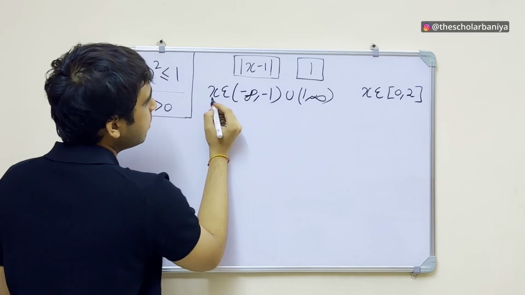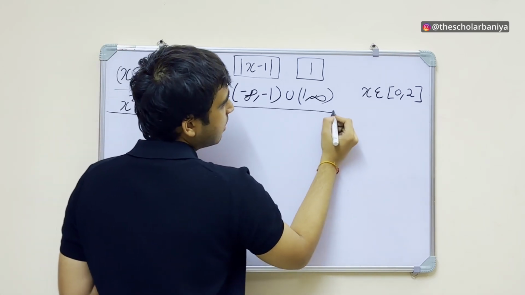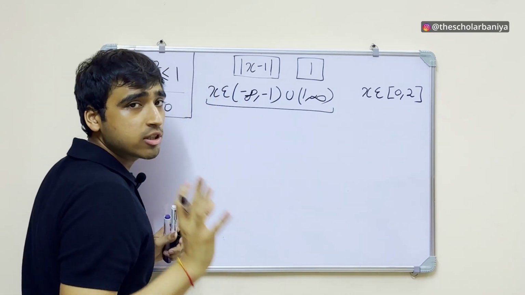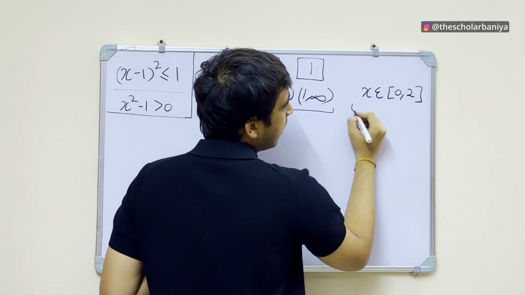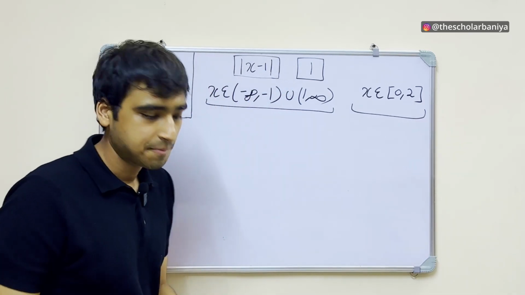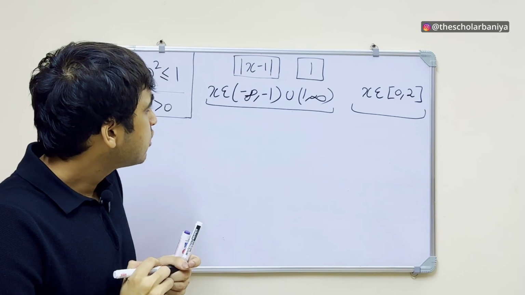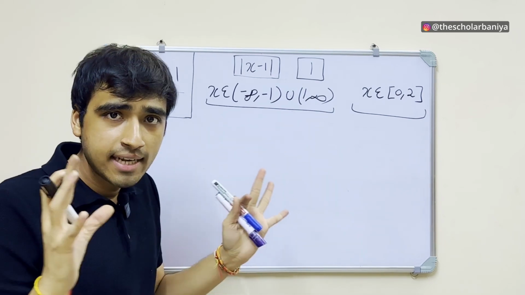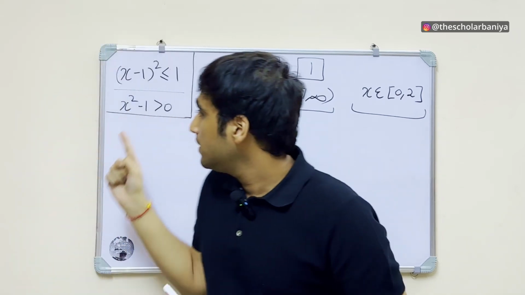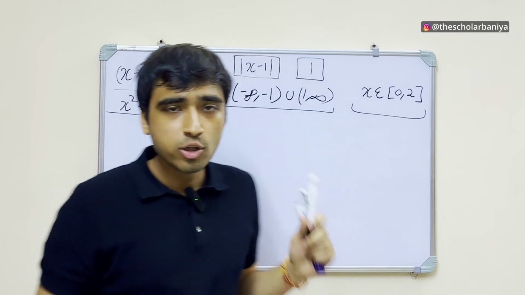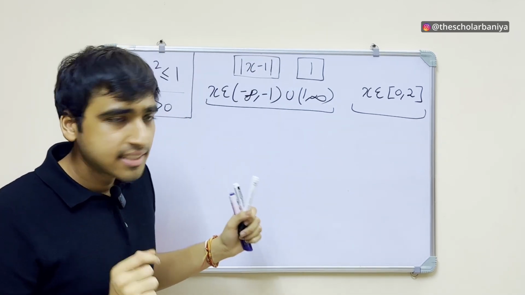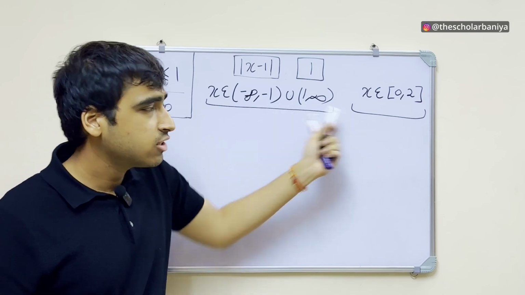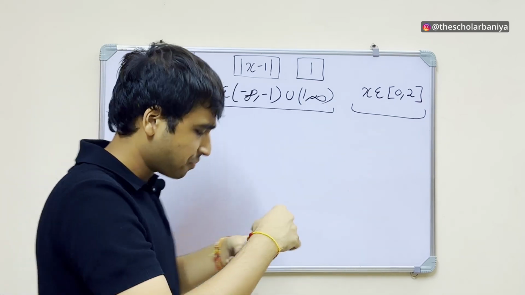So one possible solution of x is this, and the other possible solution of x is this, right? So now in these two things, we have to take the intersection, right? Because we have to satisfy both the things, because both the things are true. So we have to take the value of x such that it satisfies both of these things, right?